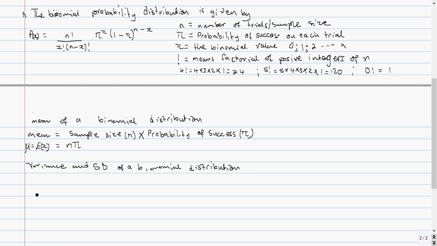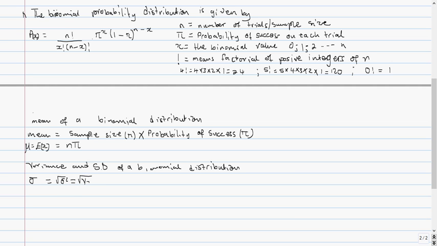Okay, so this one is given by sigma, that's standard deviation, which is equal to root of sigma squared, which is root of your variance.